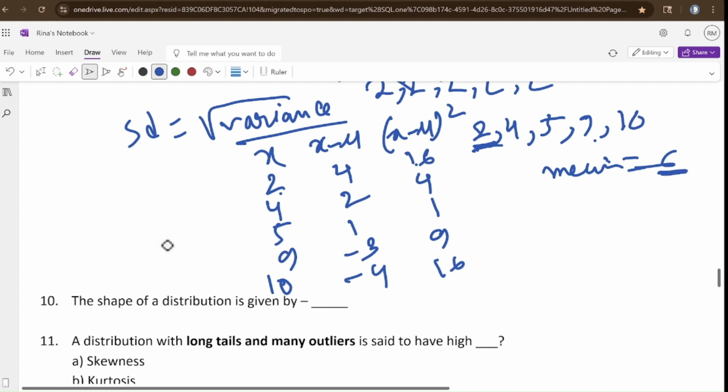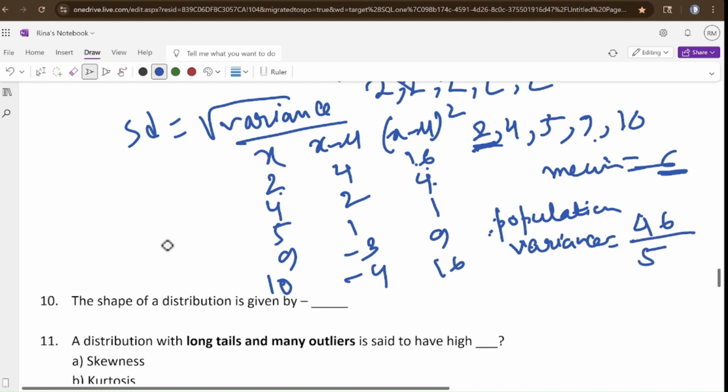Okay. Now you can calculate variance. If you want to calculate the population variance, then you have to add them: 46, divided by 5. Okay, this is the population variance. And what is sample variance here? The sample variance is the same.